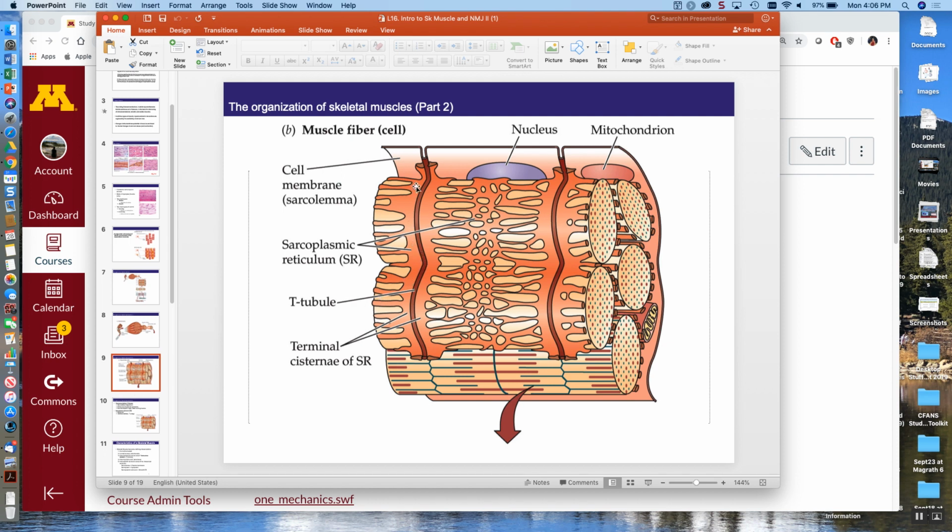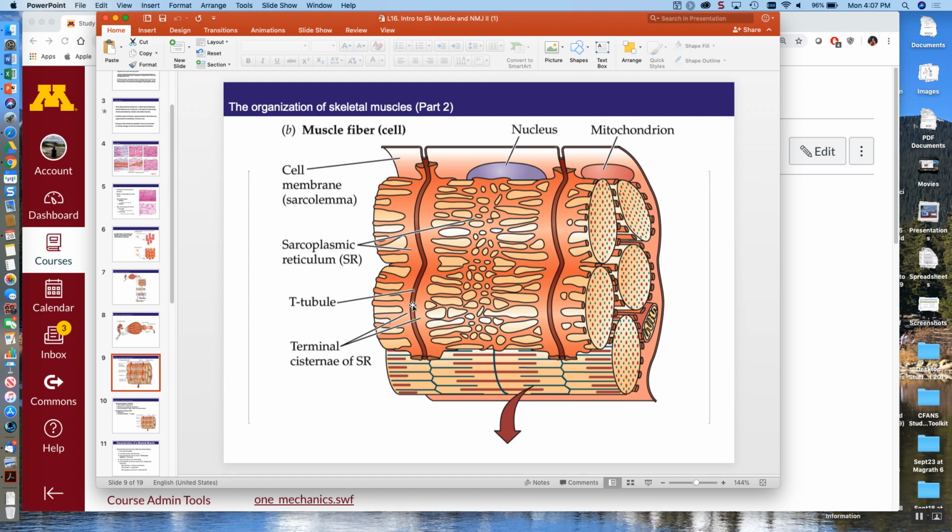The end of the sarcoplasmic reticulum that is really closely associated with the T-tubules is also called the terminal cisternae of the sarcoplasmic reticulum. So this is where all those dihydropyridine receptors are. They interact with the ryanodine receptors. We'll get to that in just a second, but remember the dihydropyridine receptors are voltage-gated calcium channels.